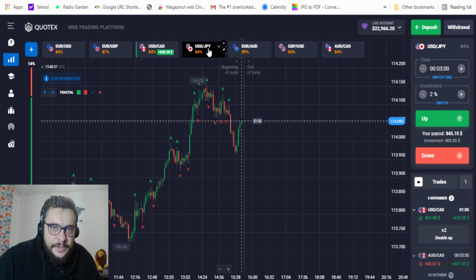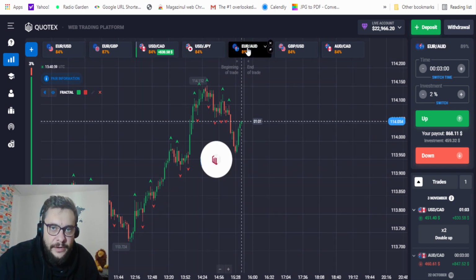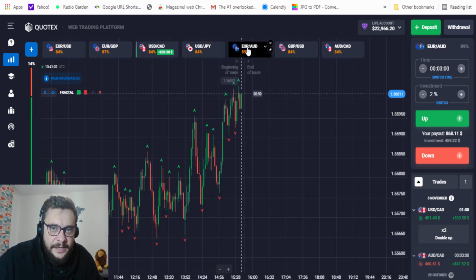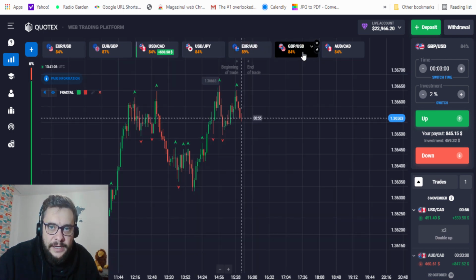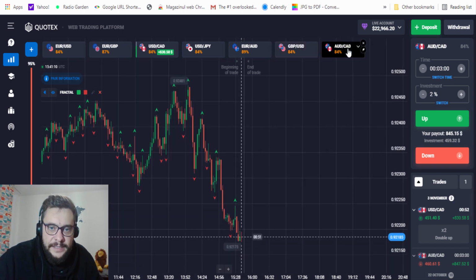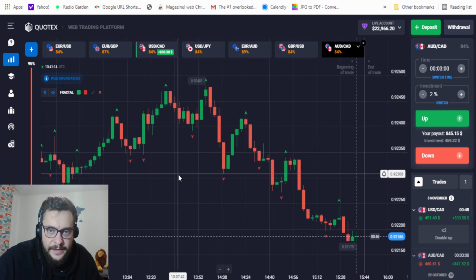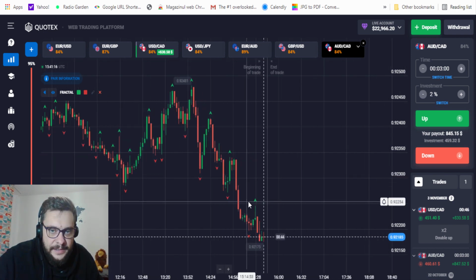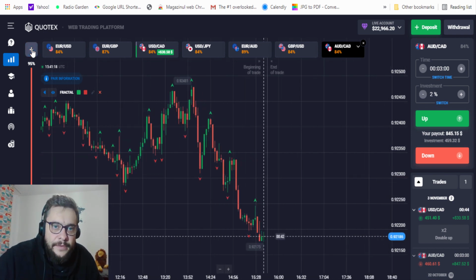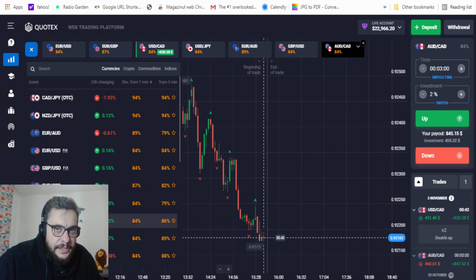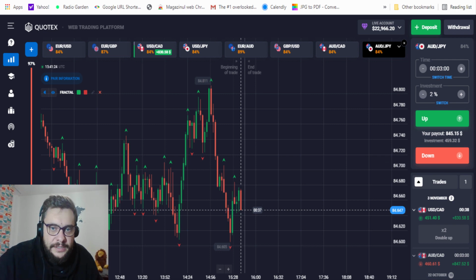Let's see again US dollar, Japanese yen. No signal here. Here again, no signal. I don't like how this looks. Here we have a down signal. Now let's see if we can find Australian dollar, Japanese yen.